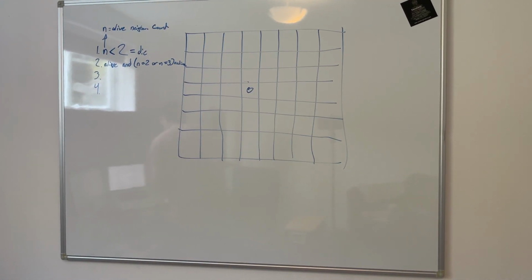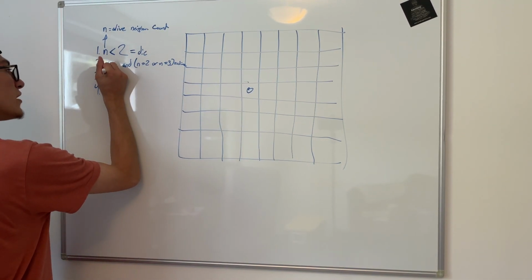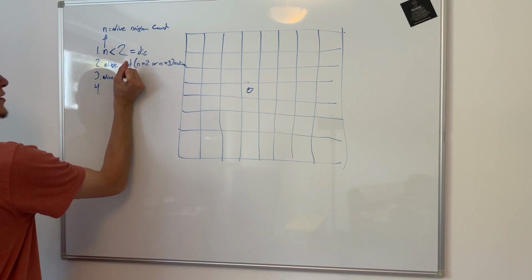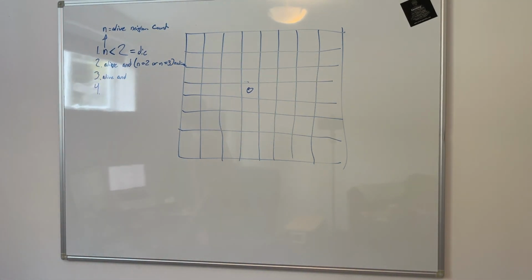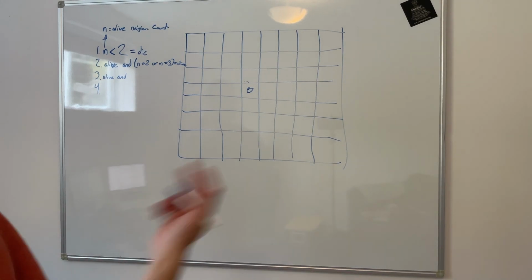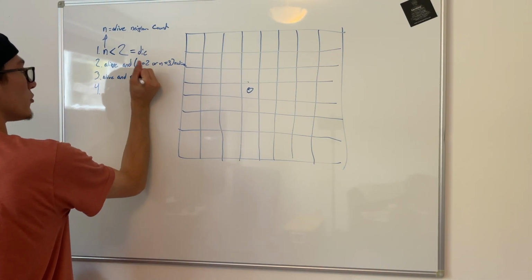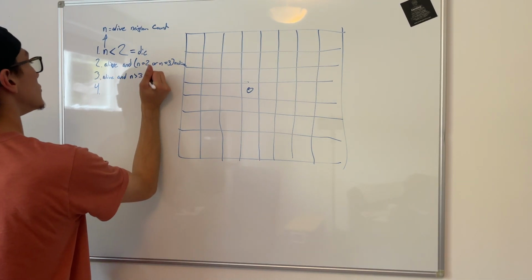Number 3, any alive cell with more than 3 neighbors dies. So if you're alive and more than how many? More than 3, right? That makes sense because of the 3 over there. And if neighbor is more than 3, then you die.